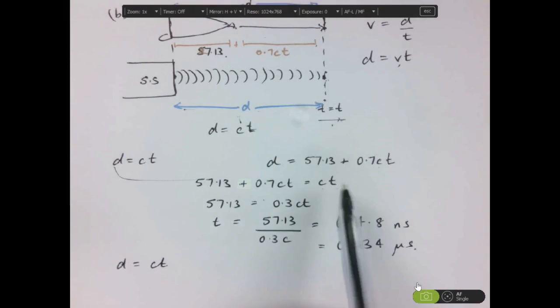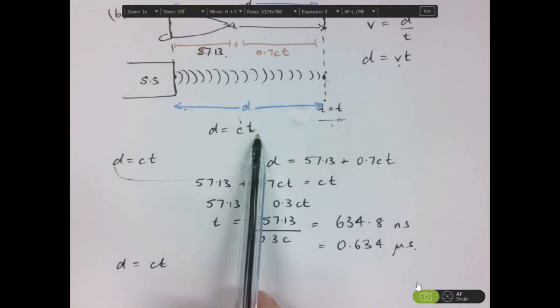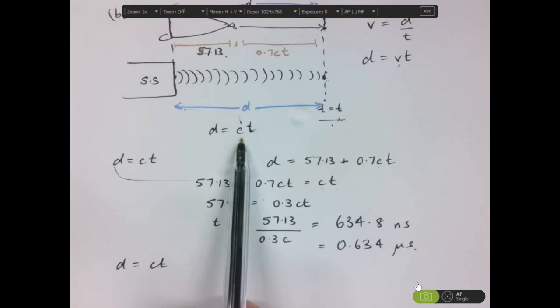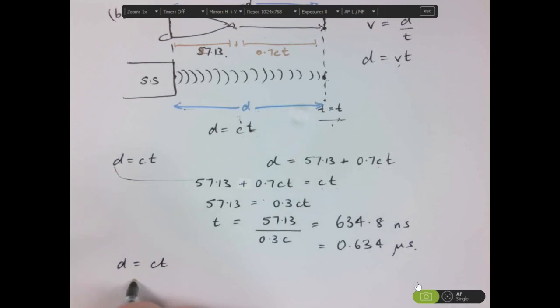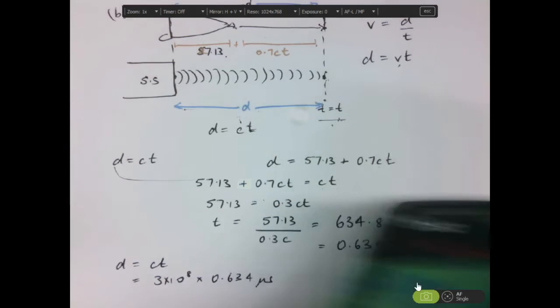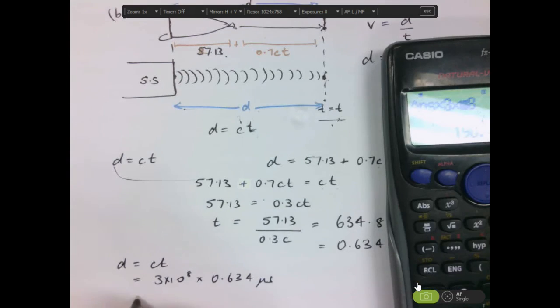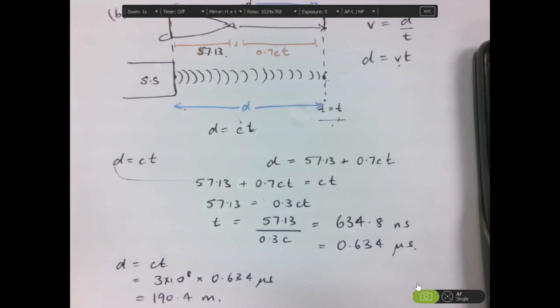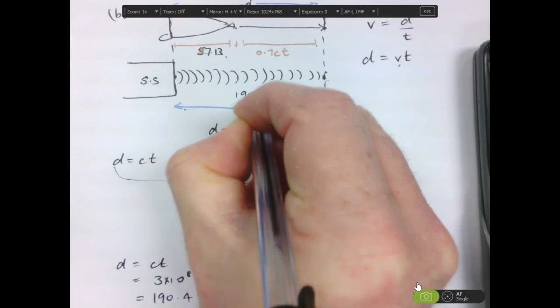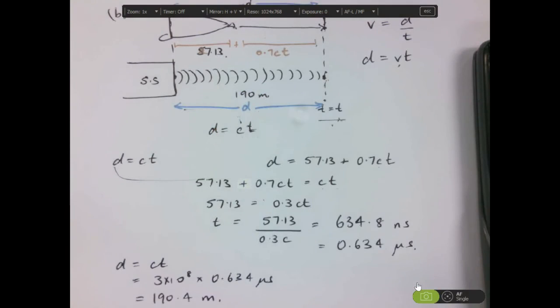We'll just use ct because we know the speed of light is always constant and we know the time. So it's 3 by 10 to the 8th multiplied by 0.634 microseconds. There's my calculator. So that's 190.4 meters. So this actual distance is 190 meters approximately, a little bit more.